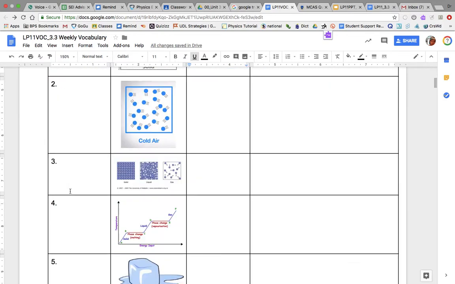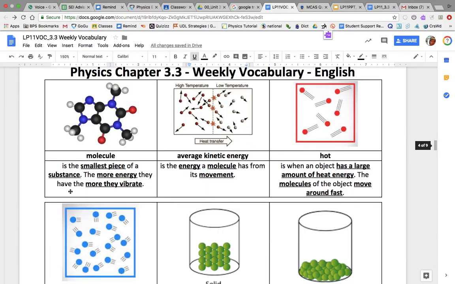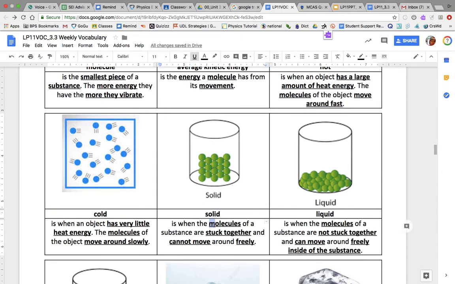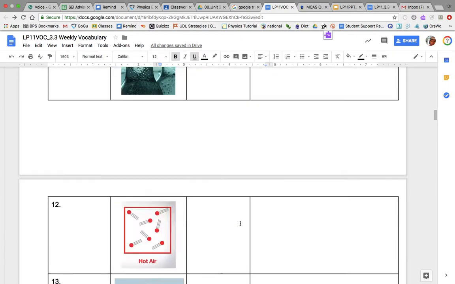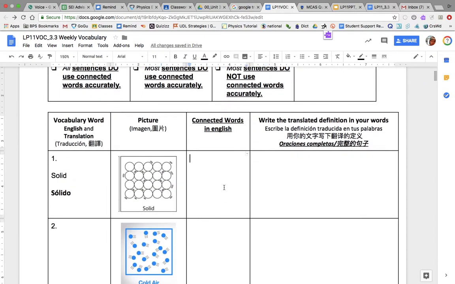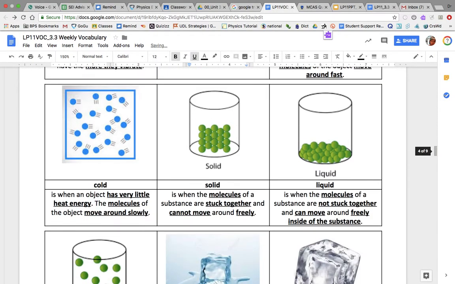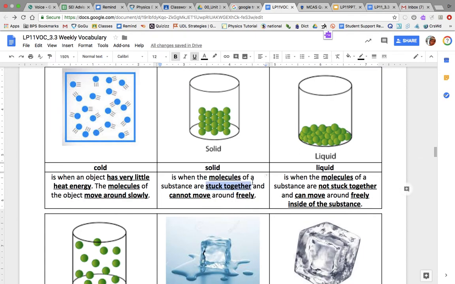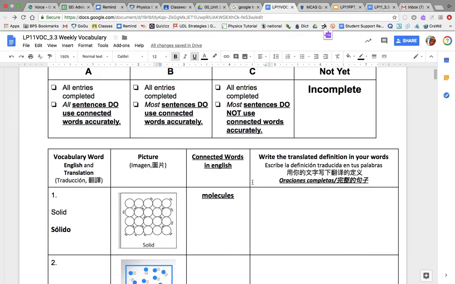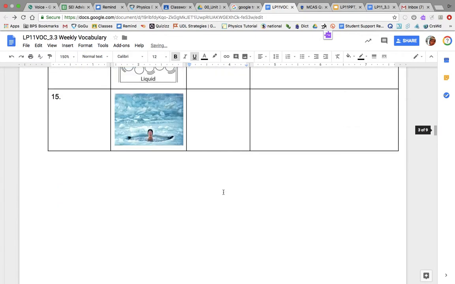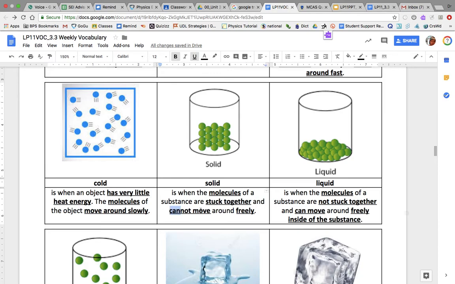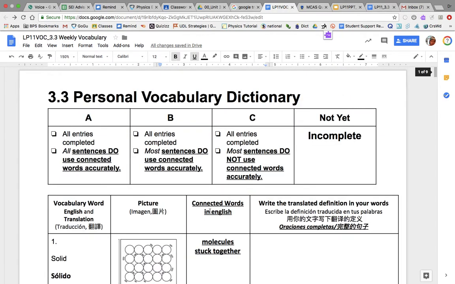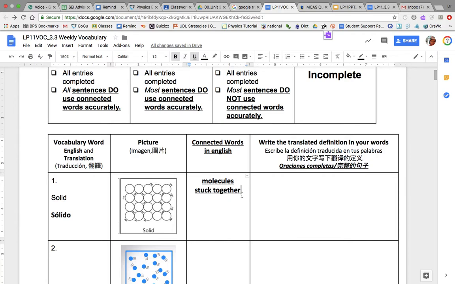So for solid, sólido, the most important words in the definition are molecules, stuck together, cannot move, and freely.